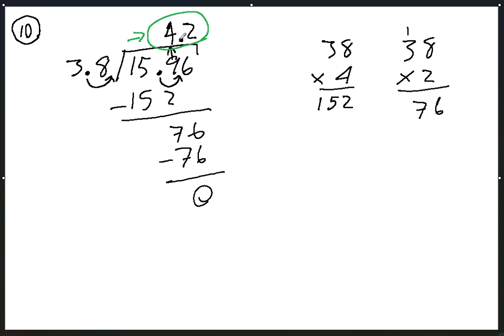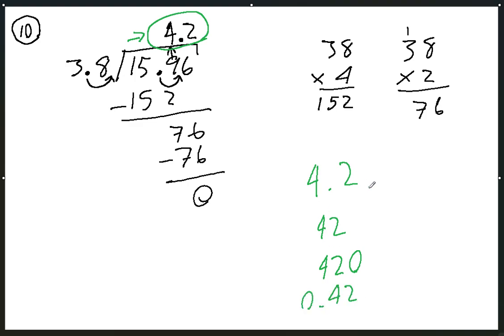Okay, so it's very important, the order and the number of times you move the decimal to the right matters a lot, because your answer is 4.2. 4.2 is very different than 42 or 420 or 0.42.